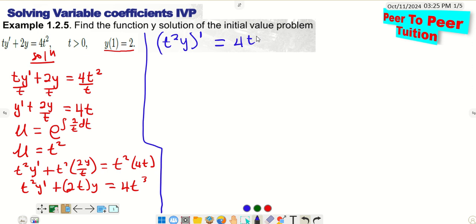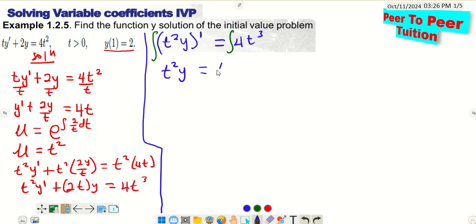4t cubed. Now the next thing here is to integrate. When we integrate both sides, we will get t squared y because the integral sign will cancel the derivative. And when we integrate here, we will get 4t exponent 4 divided by 4.